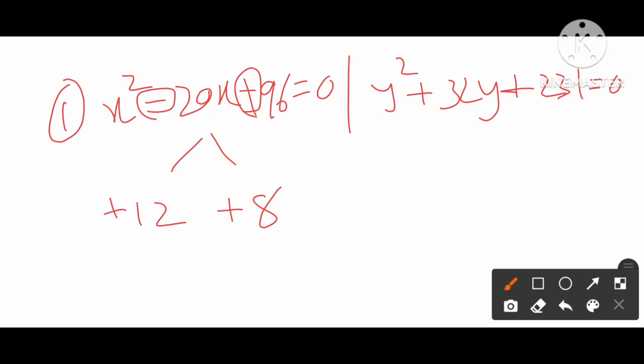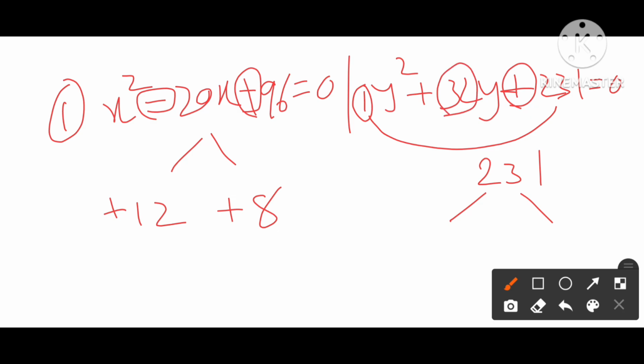Okay, let's see the quadratic equation of y. Here the coefficient is 1. 1 into 231 will be 231. We need to divide this into two factors, and the sum of those two factors must be 32. So here I see 21 and 11. The sum of these two is 32, and the multiplication of these two gives 231.